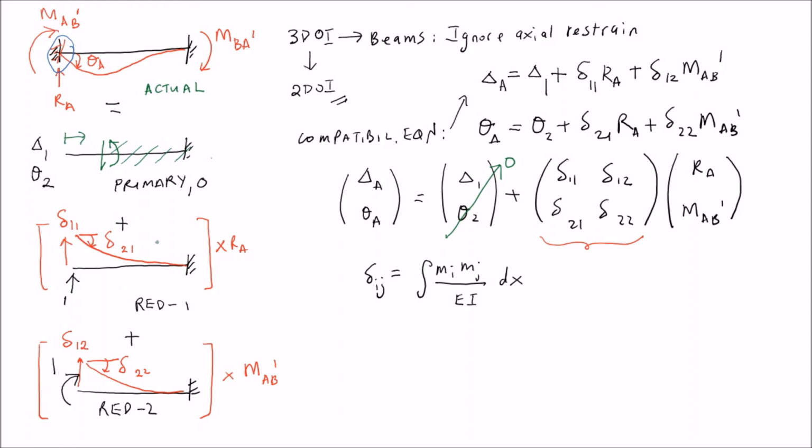So for system number 1, this will be your shear and this is the moment. So M1, ignore the right part. Similar to system number 2, this is shear, this is moment, ignore the right part.